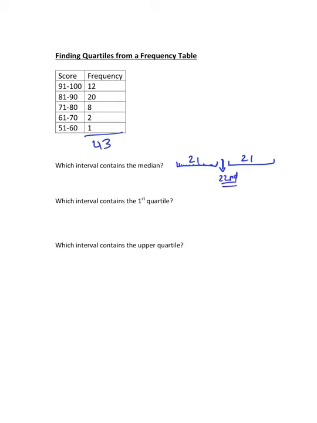So what you do is you add the frequencies going down the column until you find the 22nd person.